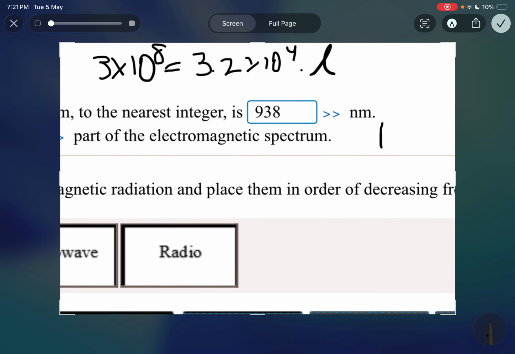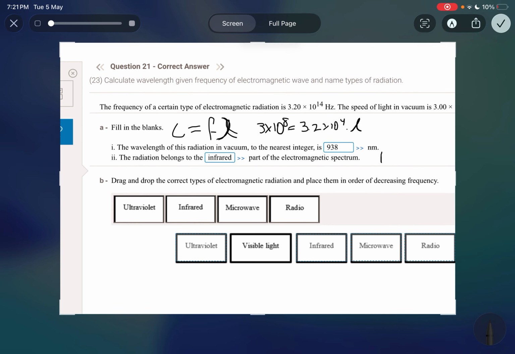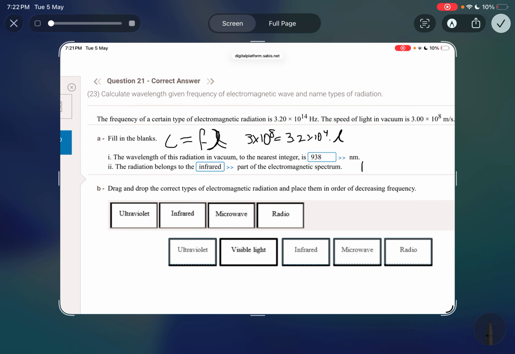Okay, and then for part II, the radiation belongs to the infrared part of the electromagnetic spectrum, depending on the value that you get, so you know the spectrum. Here it's 938, so it's infrared, and here you have to memorize. They want it in decreasing order, so from high to low.